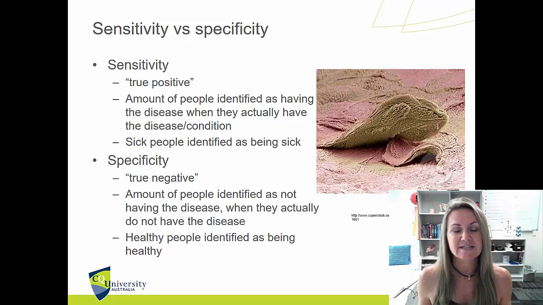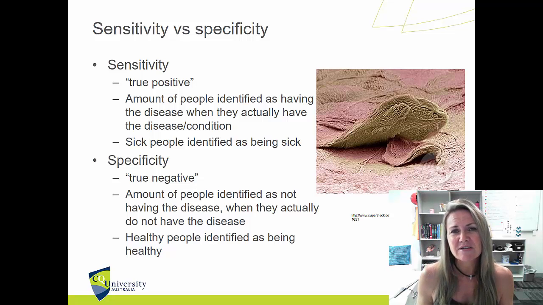So in the case of a foreign body, the sensitivity of detecting foreign bodies would be those patients that do have a foreign body and that ultrasound is able to find that they do have a foreign body embedded in their finger, for instance.